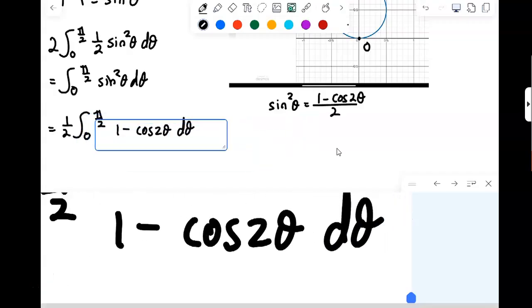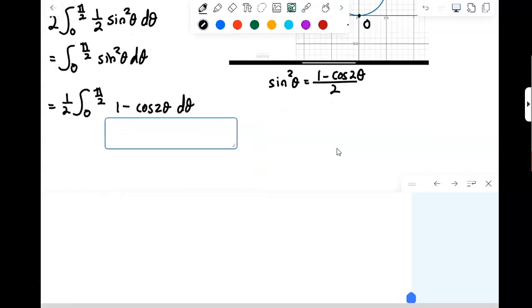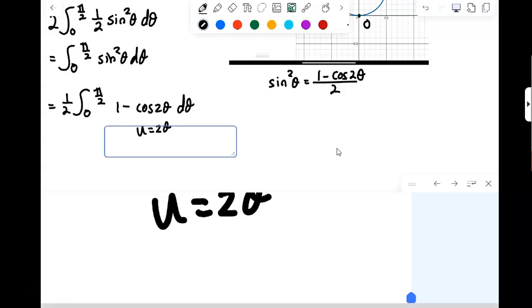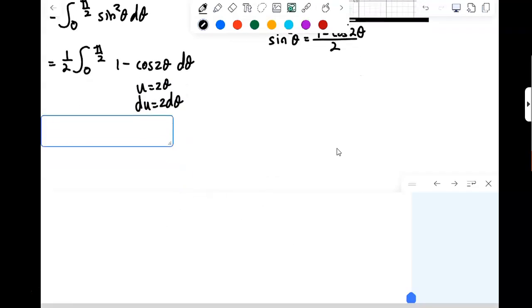The integral of 1 is going to be pretty easy, but we still have to deal with the integral of cosine 2 theta. So remember, we do a substitution. u equals 2 theta, du would call for a 2 d theta. I'm going to drop my limits for a minute, just so I don't keep writing them all the time.